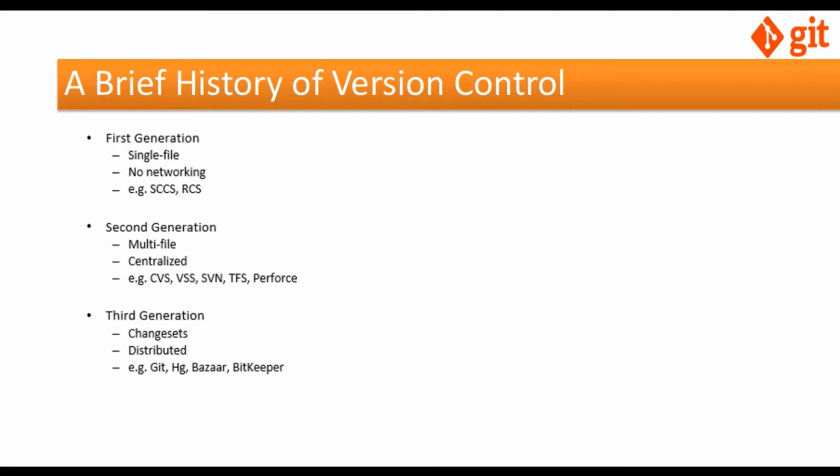Now we are in the third generation, where we have distributed systems, and Git, Bitkeeper and other tools are working. We are going to talk about Git here.